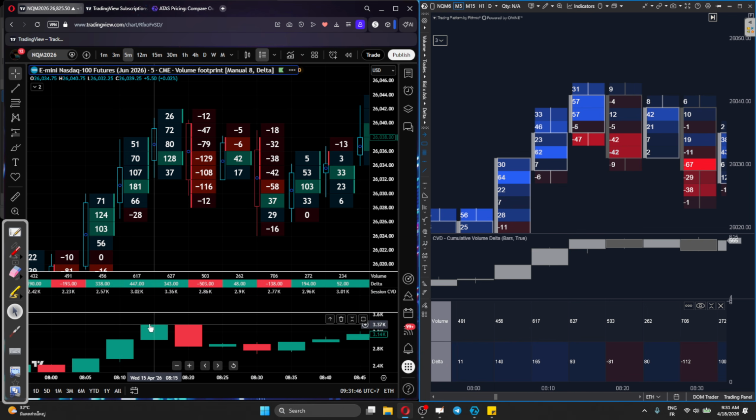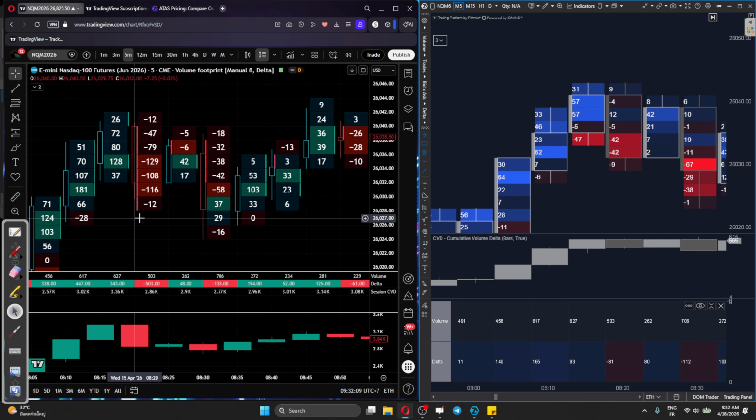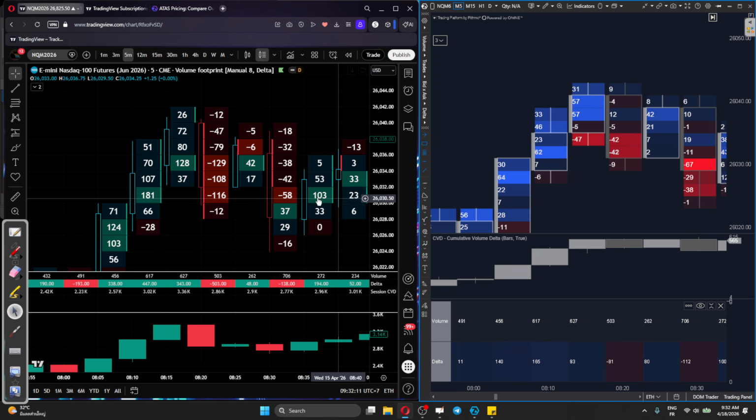But that is triple the amount, right? So we're going to compare other candles. Let's go into this candle here, for example, at 820: 503 volume, 503 volume, delta minus 81, and here we got minus 503. Let's look at the other ones: 93 versus 343, 165 versus 447. So that's a bit of an issue that I have.